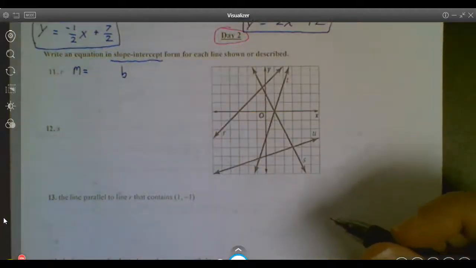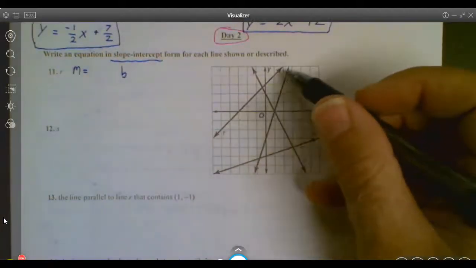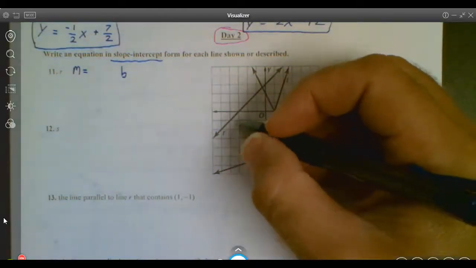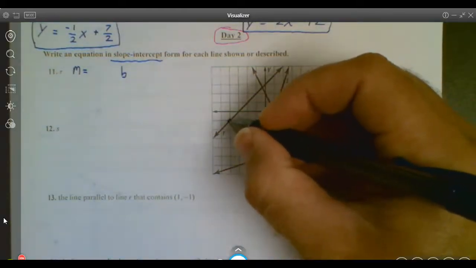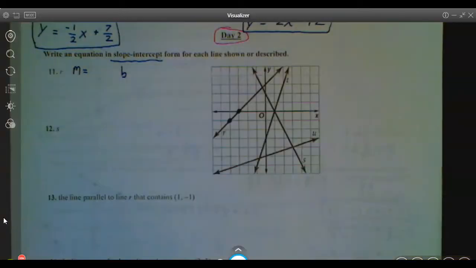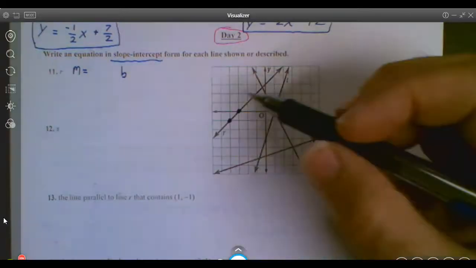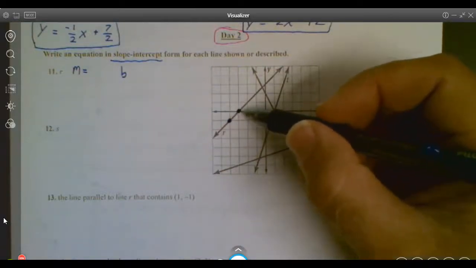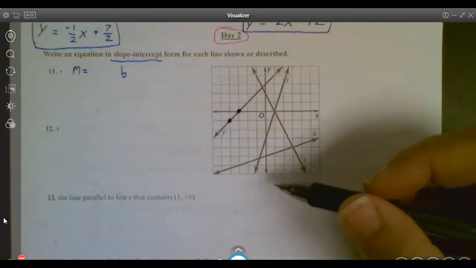So for my slope, here's line R. Let's see if we can figure out, just using rise over run, what the slope of line R is. So let's just identify two obvious points on the line. Right, so I want to pick two clear points on that line and simply count rise over run. You can see this is going up 1 over 1. So that's simply our slope is 1.